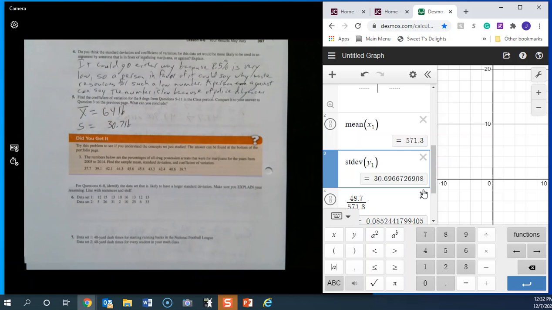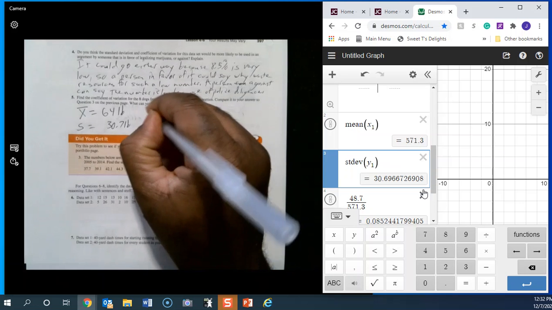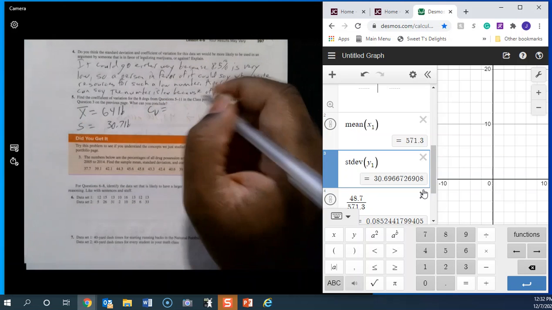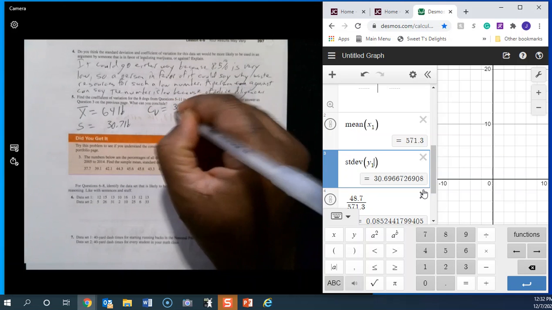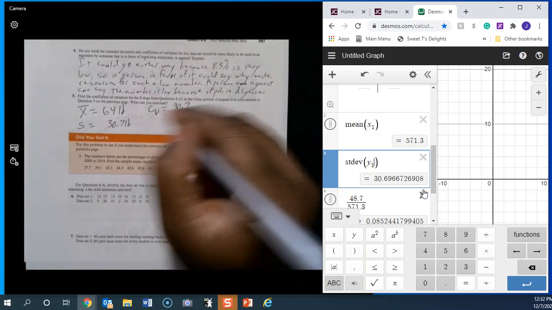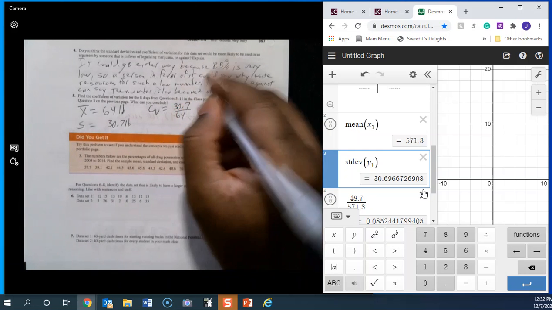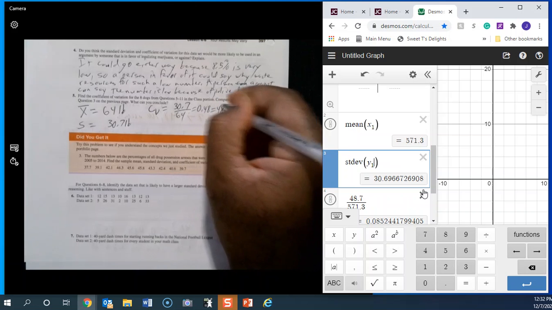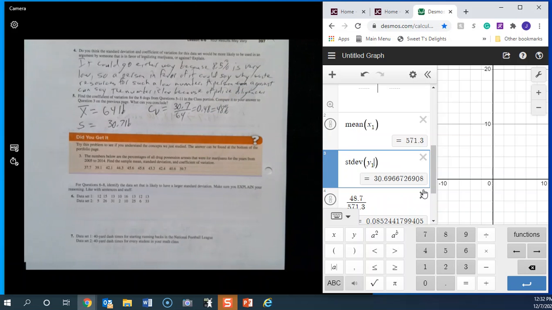All right, so now we'll do the coefficient of variation next. So we have CV is equal to the standard deviation, which is 30.7, all over 64, which is equal to 0.48, which is 48%.